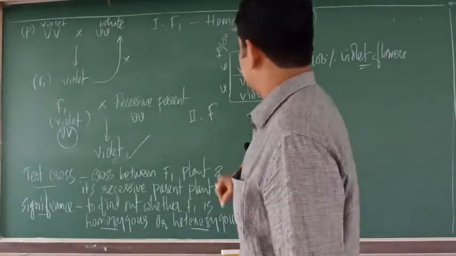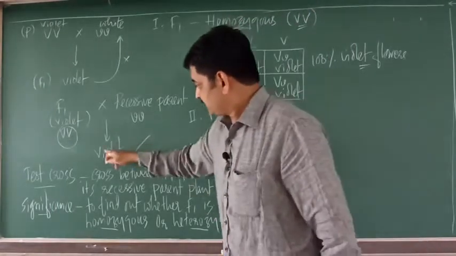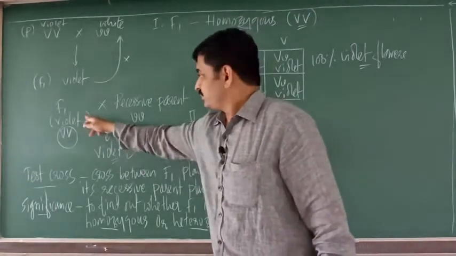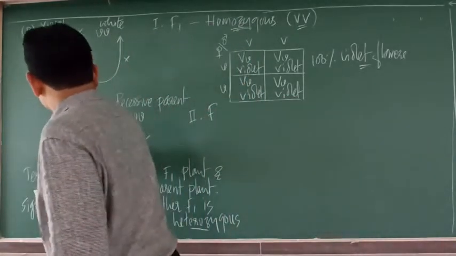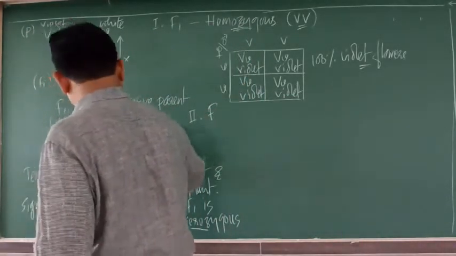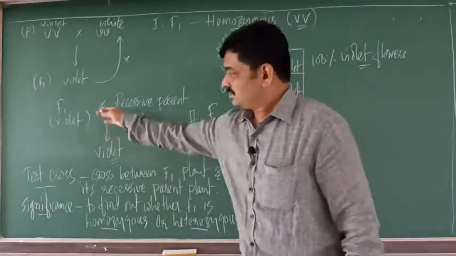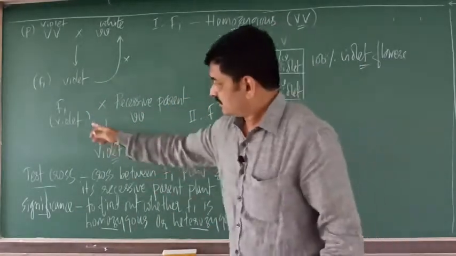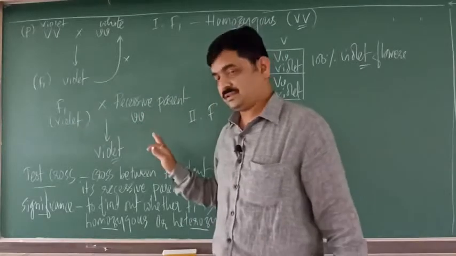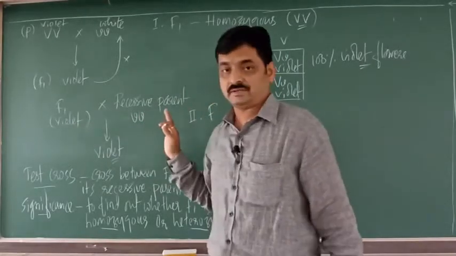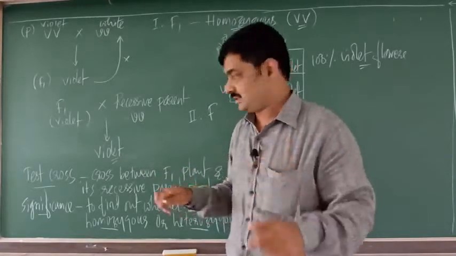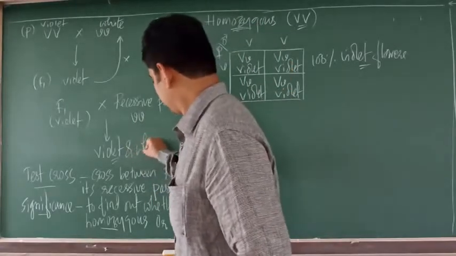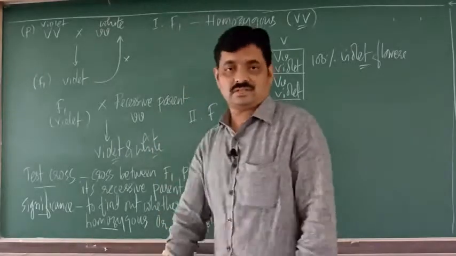So another possibility is, now here in this cross, sorry, erase this. Second possibility, this is violet, this is white, right? F1, this is your parent plant. Sometimes what happens, some flowers are violet, and some are white, right?